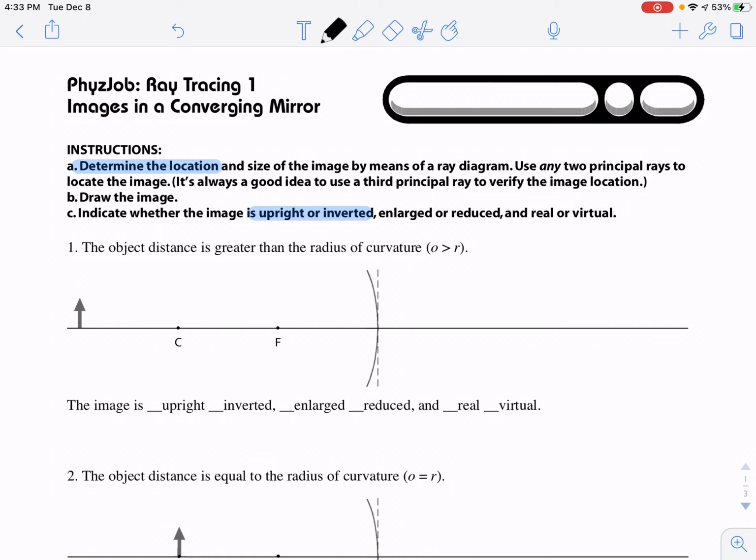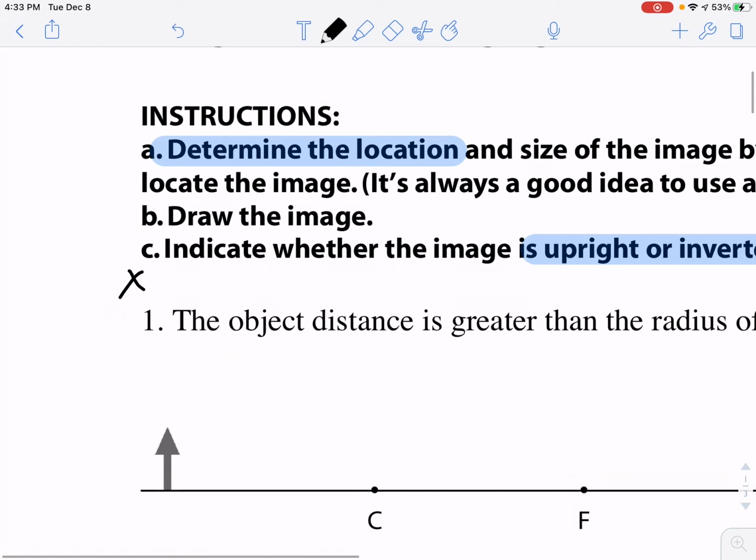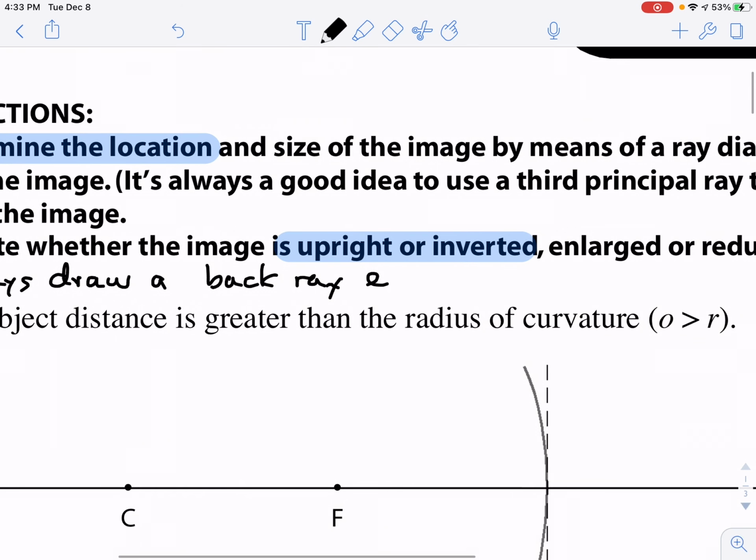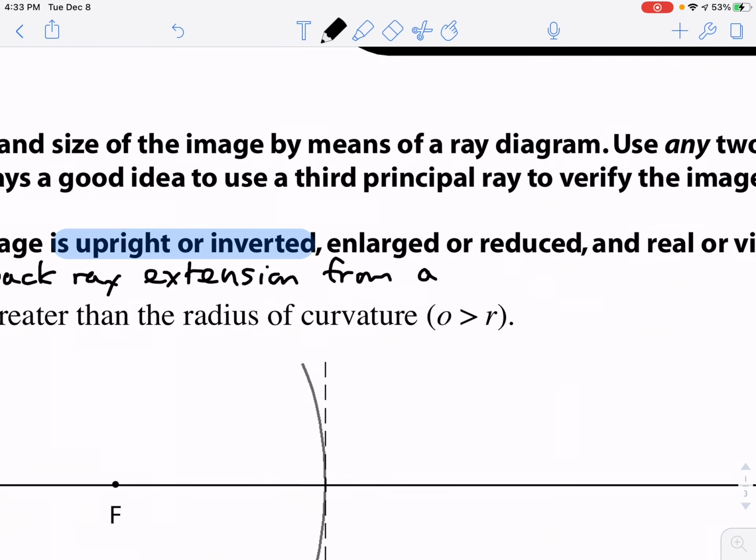Let's begin. I am always going to draw my incident rays in different colors. I'm going to draw my incident rays, my reflected rays, and my back rays. Something to consider: always draw a back ray extension from all reflected rays.